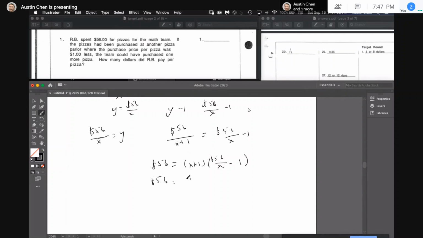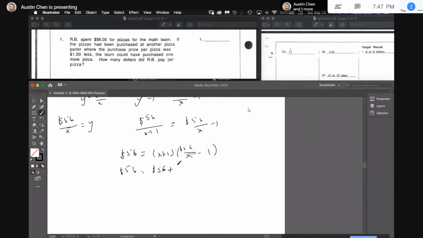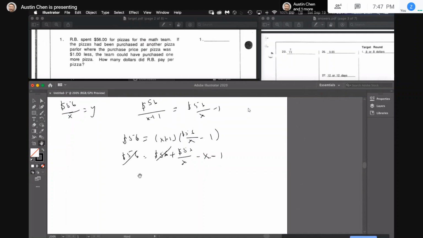So X times $56 over X is going to be $56. And then that is going to be plus 1 times $56 over X, which is just that. And then X times -1 is minus X, and the 1 times -1 is minus 1. So the $56 cancel out. Then you have, let's move this over here. So then you have X plus 1 equals $56.